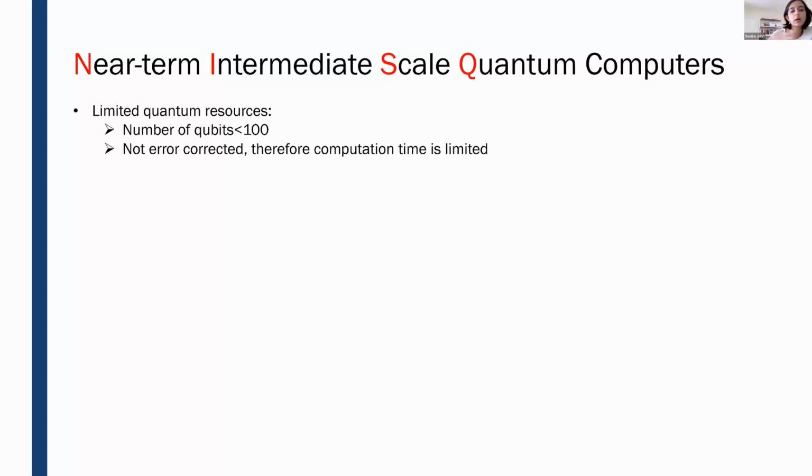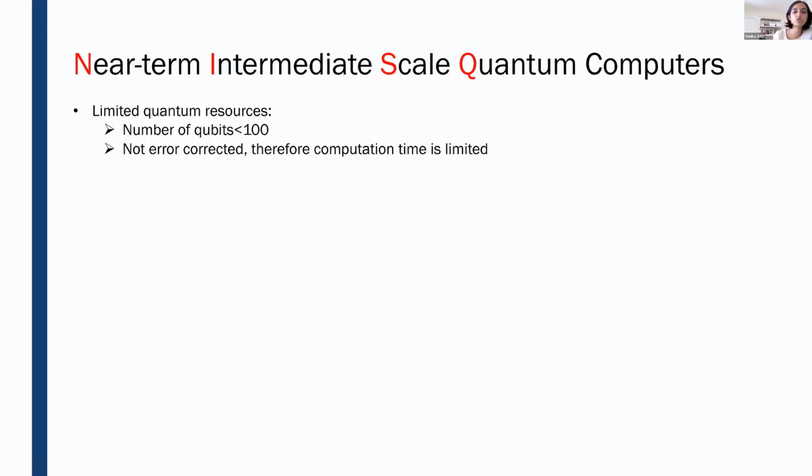Your number of qubits will be less than 100 typically, and actually always. There's no quantum computer I know that's universal and over 50-something qubits. Another point is that these qubits are not error corrected, so therefore your computation time is limited.